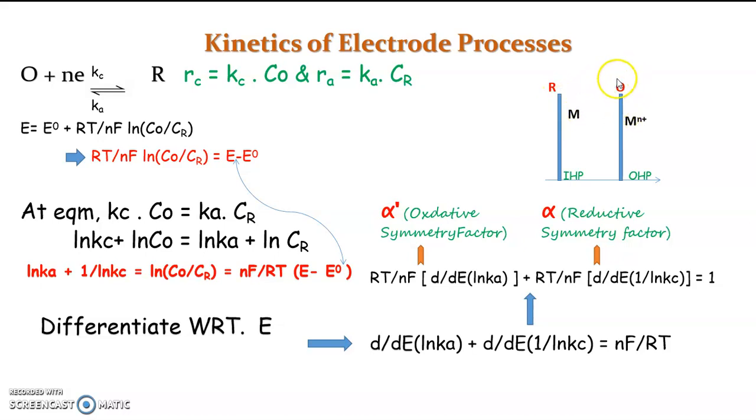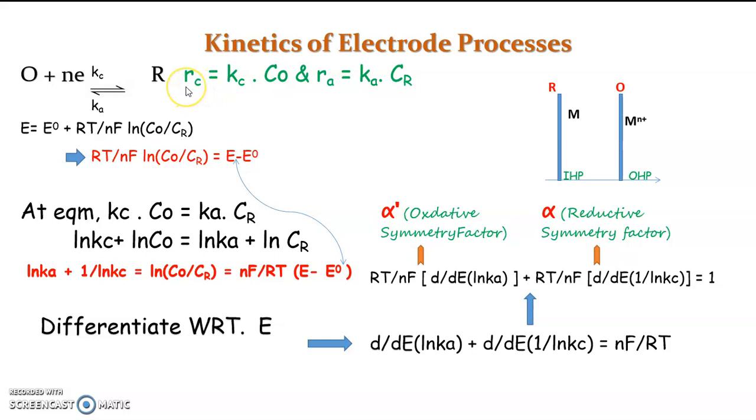and this can be expressed as oxidant, which is getting reduced. The same electrode reaction can be expressed in this slide in this way: the oxidant plus an electron giving reductant. For the forward reaction, the rate constant is Kc, the rate constant for the cathodic process, and the reverse reaction has the rate constant Ka for the anodic process.